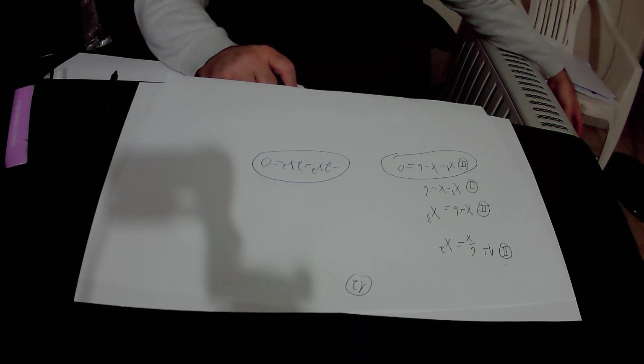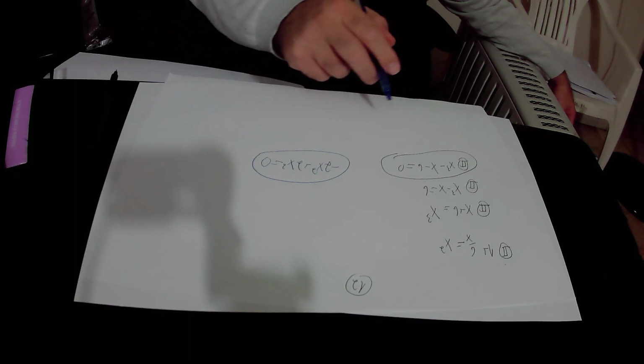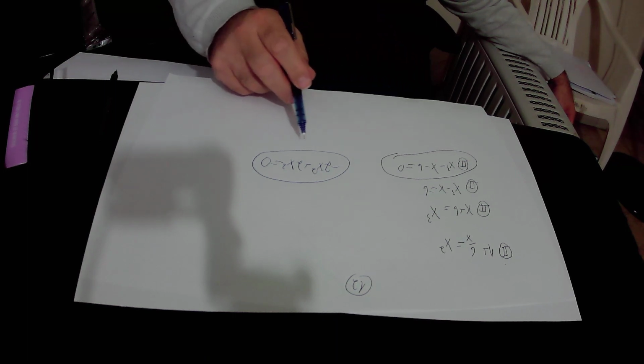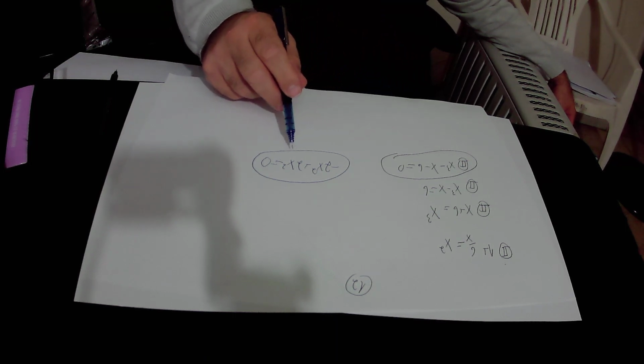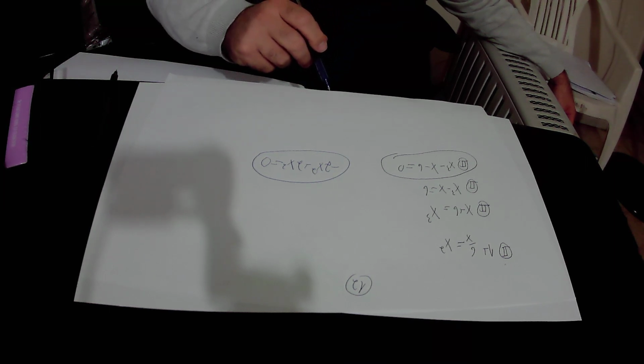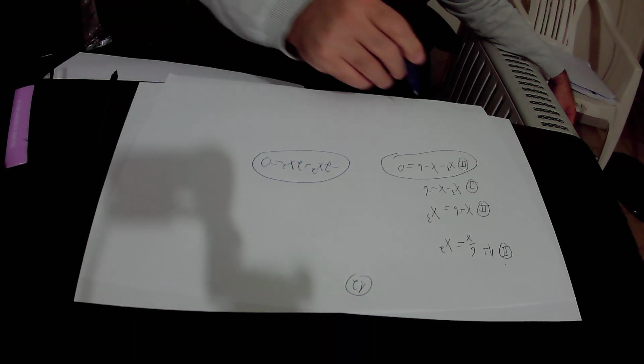It is allowable to add 0 to any equation. So we actually add 0 to equation number 2, or instead of 0 we will add minus 2x squared plus 2x squared that equals 0. Okay, so this operation is allowable because we can add 0 to any equation.